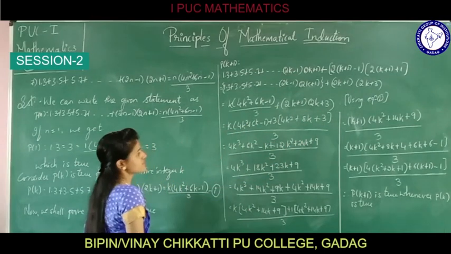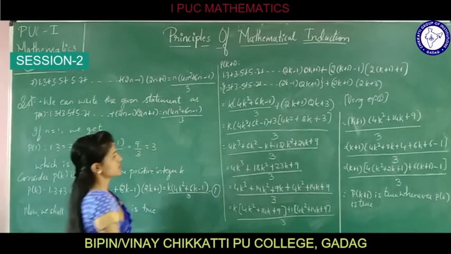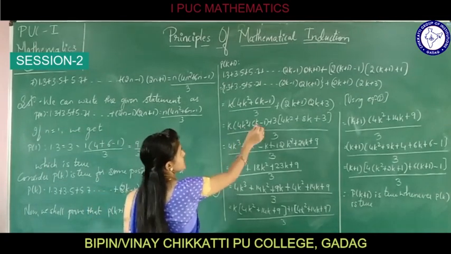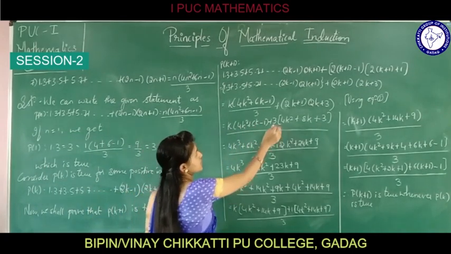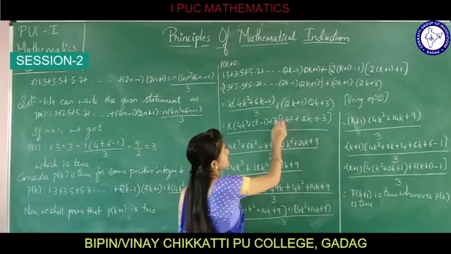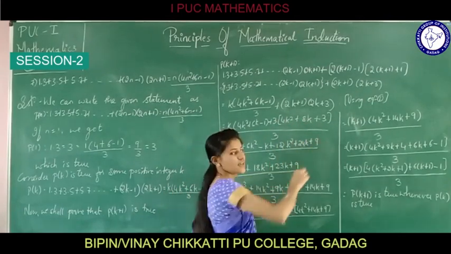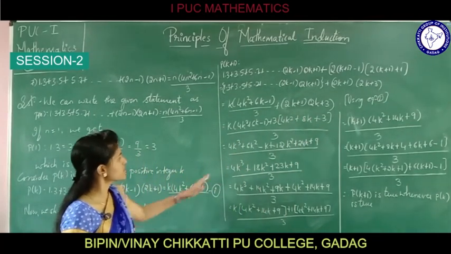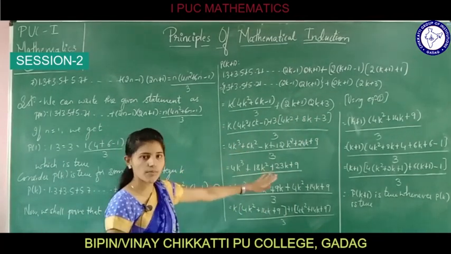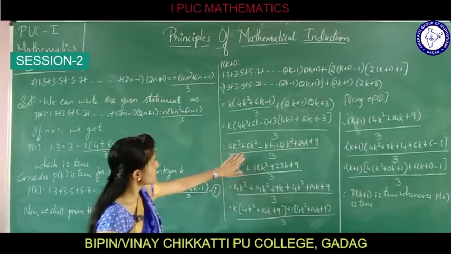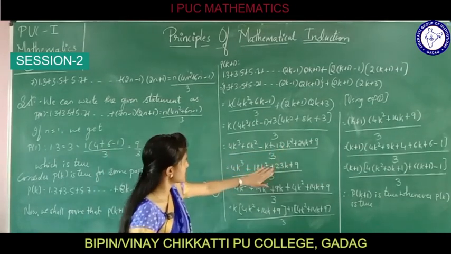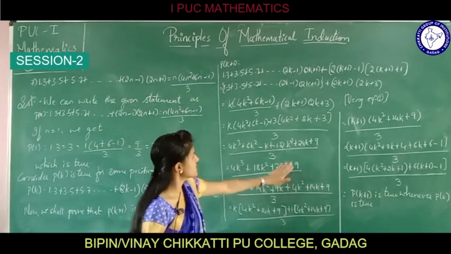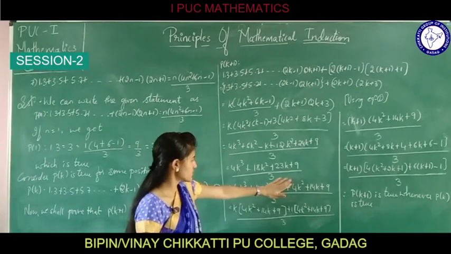Later I have just taken multiplication, that is k into 4k square, 4k cube, 6k square minus k, 3 4s are 12k square, 3 8s are 24k plus 9. After that we have just split the terms, that is added all the common terms, that is 4k cube, 6 plus 12 is 18k square, minus 1k plus 24k is 23k, and then plus 9 whole divided by 3.